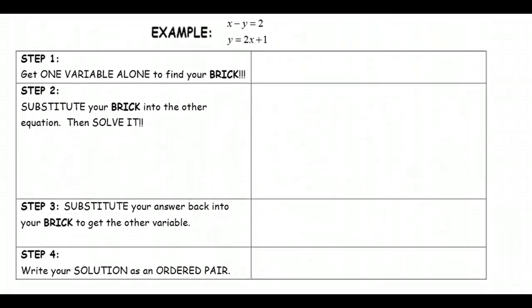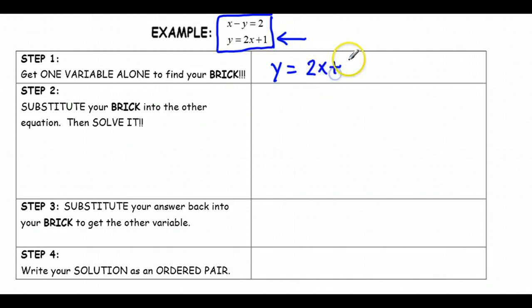In example number 2, our equations are x minus y equals 2 and y equals 2x plus 1. I am going to choose the bottom equation because y is already alone. Again, I'm saying that the value of y is 2x plus 1.